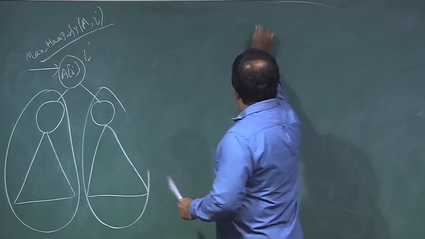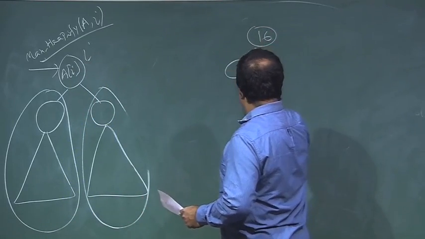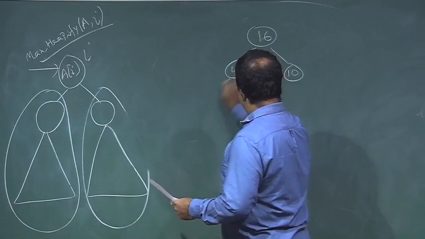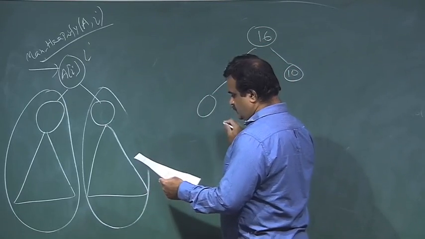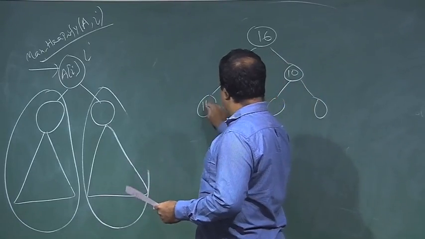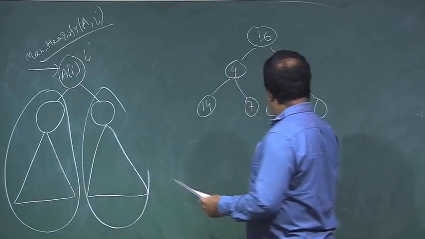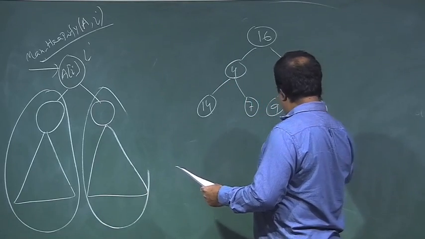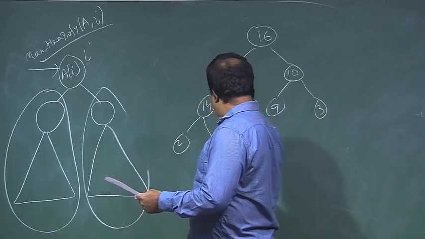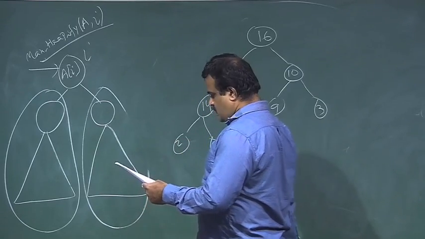Suppose this is a given input. We have 16, 4, 10, 14, 7, 9, 3, 2, 8 and 1.